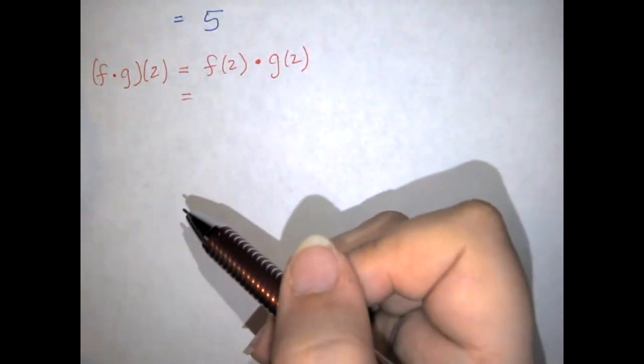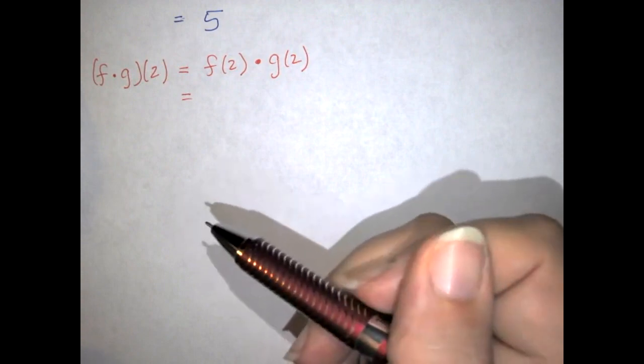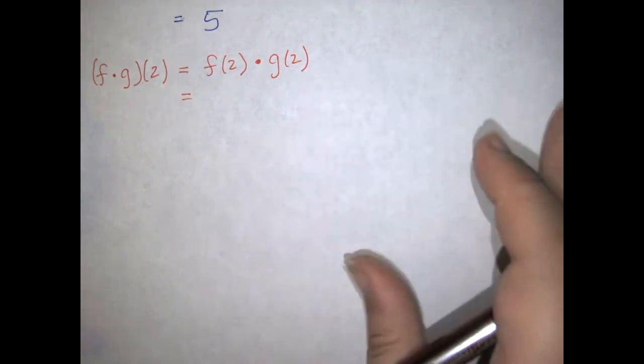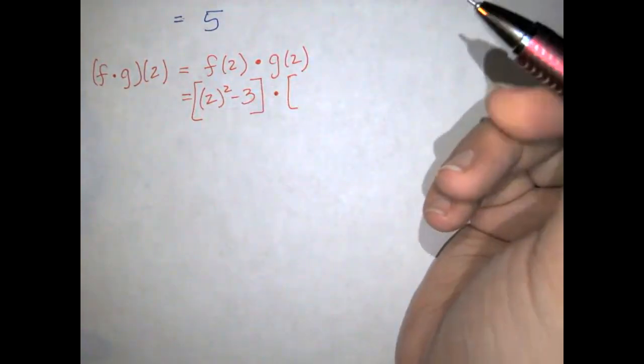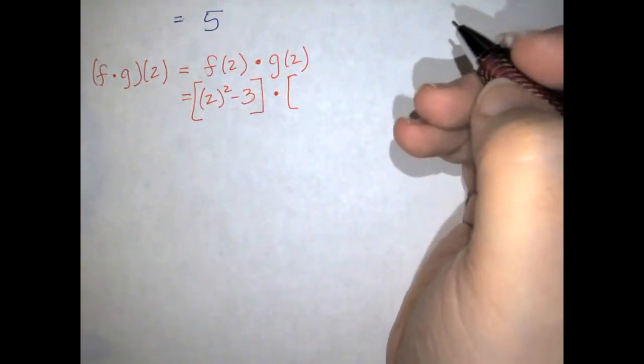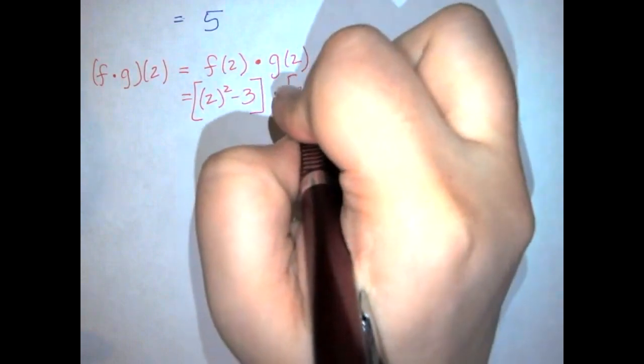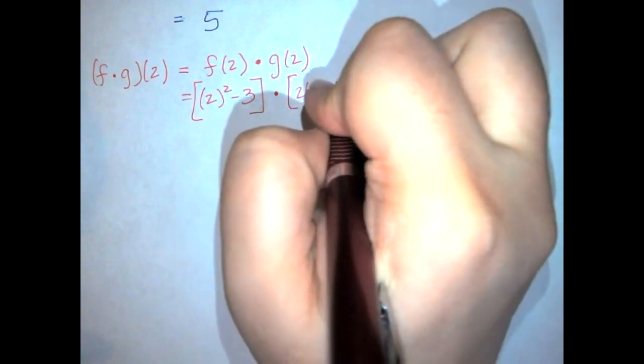So f of 2 says in my f function, anywhere that I had an x has to become a 2. So my f was x squared minus 3, so this becomes 2 squared minus 3, and that's my f. And I'm going to multiply this by the g function. And g was 2x plus 1, so this becomes 2 times 2 plus 1.